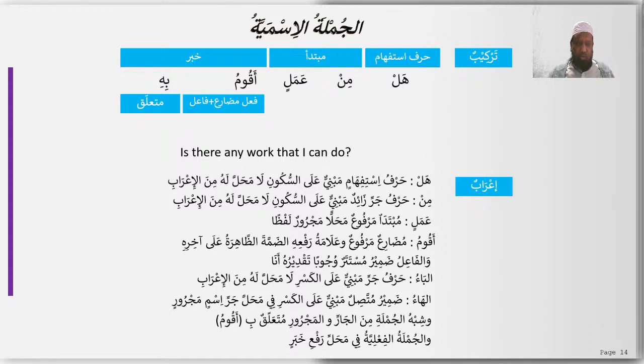Okay, because all the ضمير has a محل. وشبه الجملة من الجار والمجرور متعلق بأقوم والجملة الفعلية في محل رفع خبر.